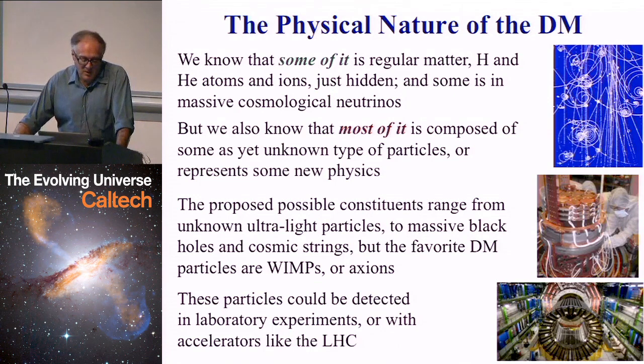And WIMPs probably have masses of 100, 200 giga-electron volts, something like that. And there is every expectation that they too will be seen in the Large Hadron Collider, just like the Higgs particle was. So my guess is that before too long, we will actually know what dark matter is. And it need not be one kind of dark matter, it could be 92 different kinds of dark matter, but at least this is a start.